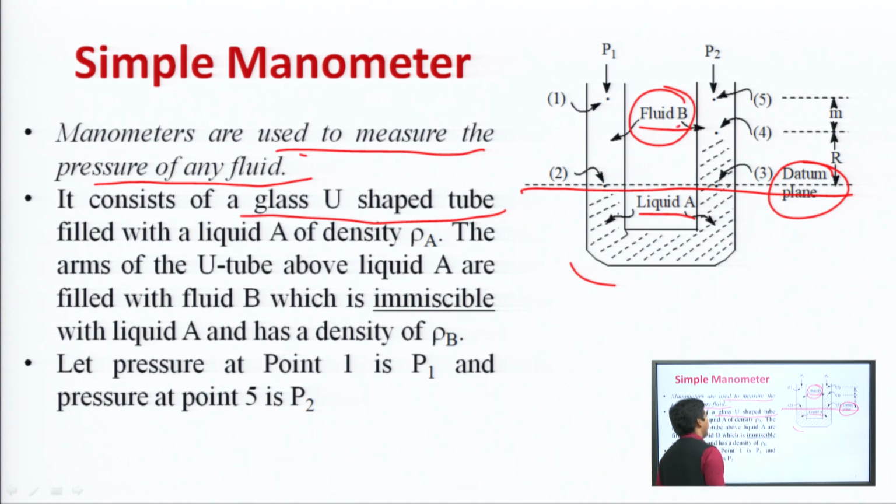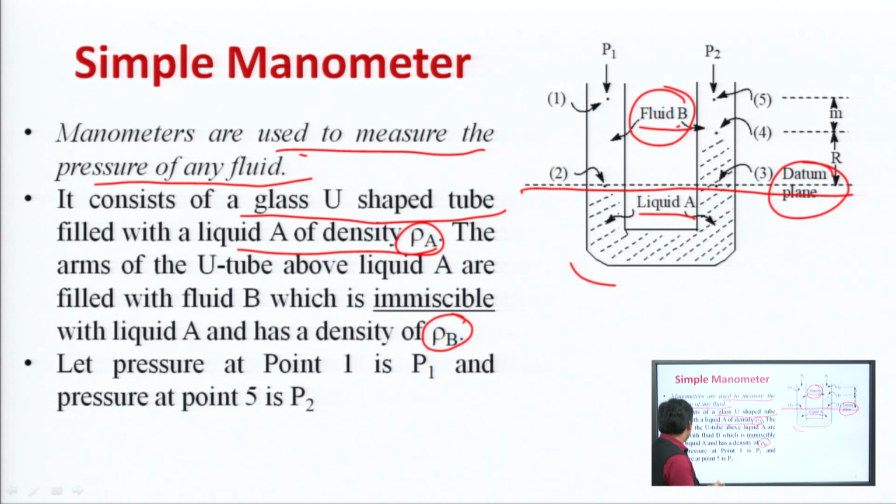So this simple manometer consists of a glass U-shaped tube with two liquids, liquid A and liquid B. Liquid A has a density rho A, liquid B also has a density rho B. Both these liquids are immiscible with each other.